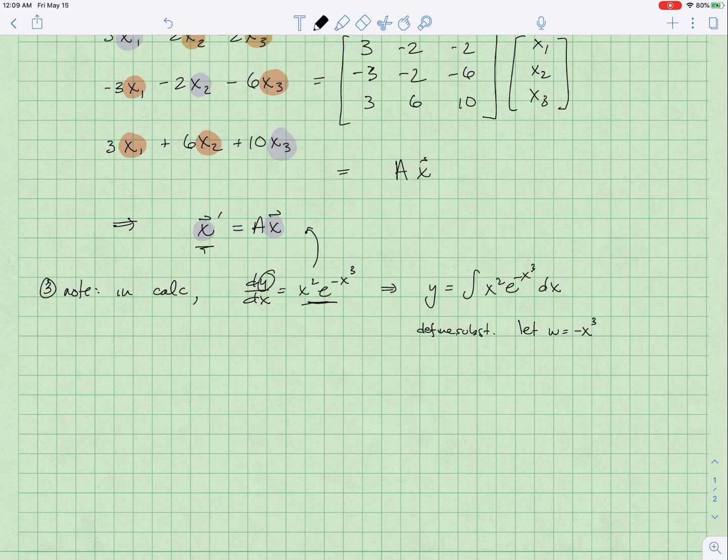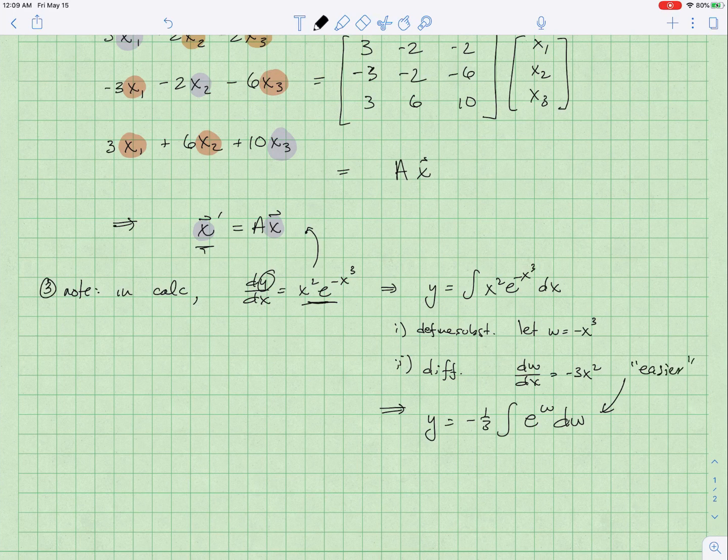And then the next thing that you would do after that is you would take the derivative of your substitution. So we would differentiate, and we would get dw dx is equal to negative 3x squared. And then we would plug everything in, and we'd actually get an alternate form here. This would be negative 1/3 the integral of e to the w dw, and this is easier.